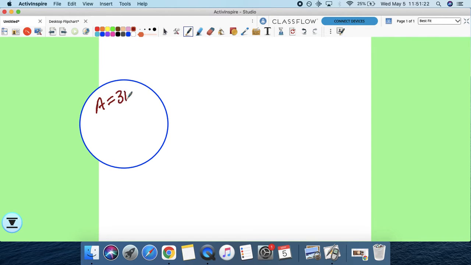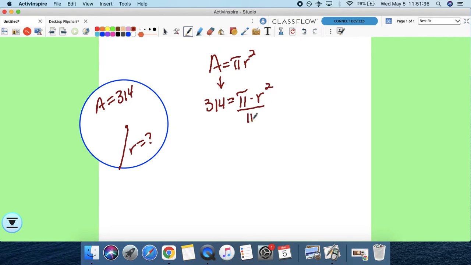Alright, so the circle, the area is 314, and the radius, we don't know. So A equals pi r squared, 314 equals pi r squared. I'm going to divide by pi and divide by pi. So 314 divided by pi is 99.95, okay?